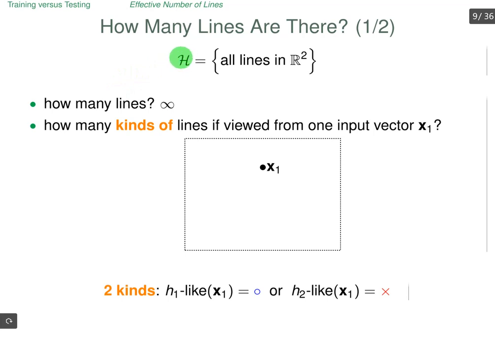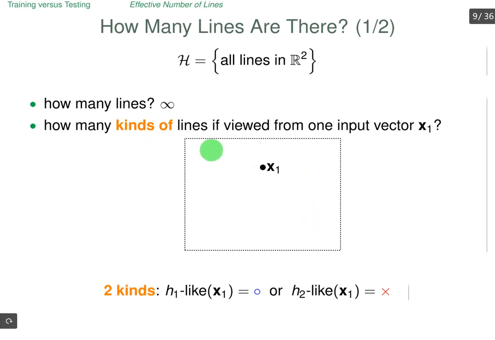Now, let's consider that our H consists of all lines in R2, the two-dimensional vector space. All hypotheses, all lines. And let's draw this R2 and one point. How many lines can we use to classify this point into a binary classification output?